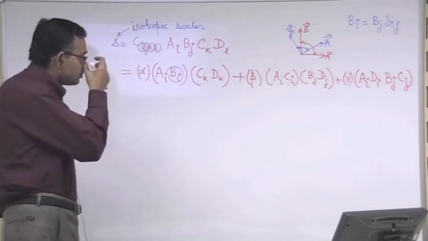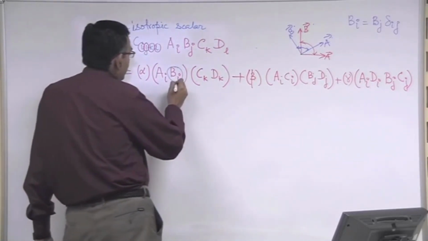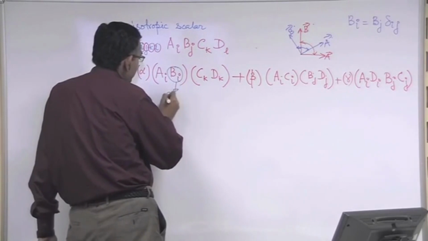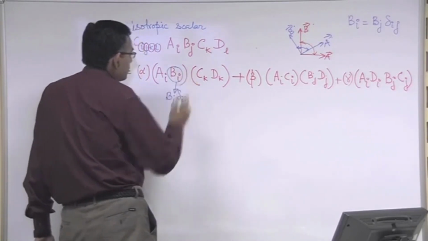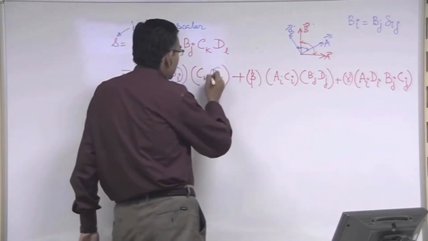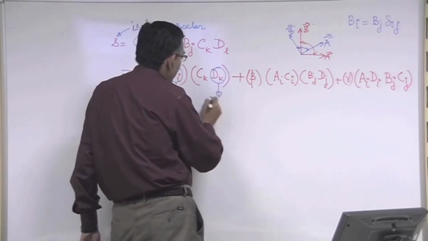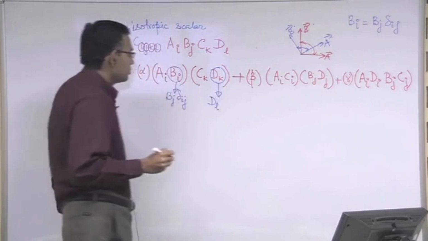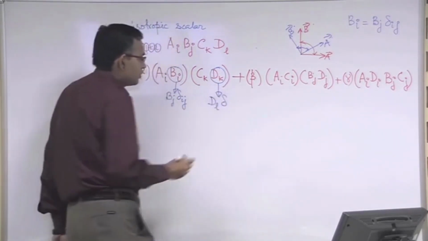So now in place of Bi we can write Bj delta Ij. So Ai Bj Ck in place of dl, dk, if you write dl, then what would be the next thing? Delta kl.